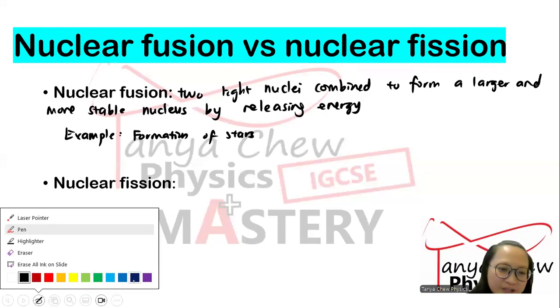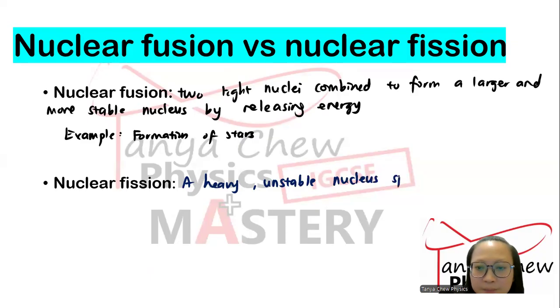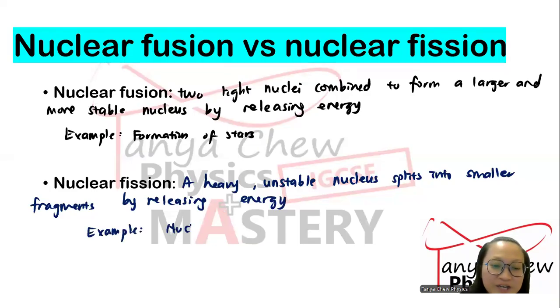Nuclear fission: a heavy, unstable nucleus splits into smaller fragments by releasing energy. Example, the one that we use in nuclear power stations to generate electricity. And the energy is quite promising.